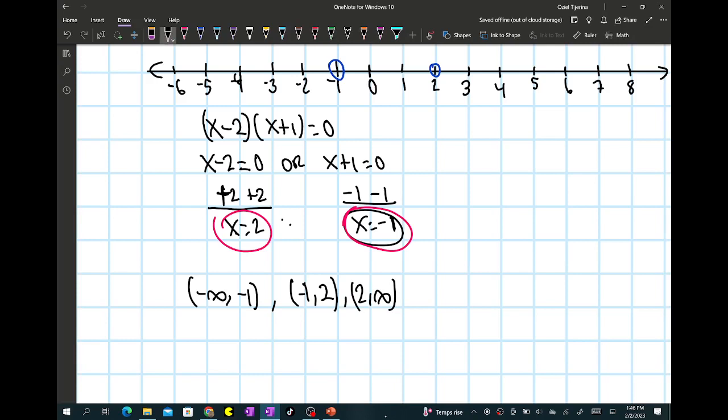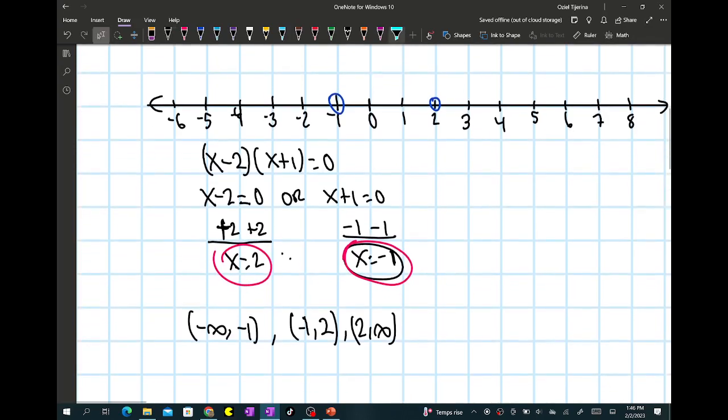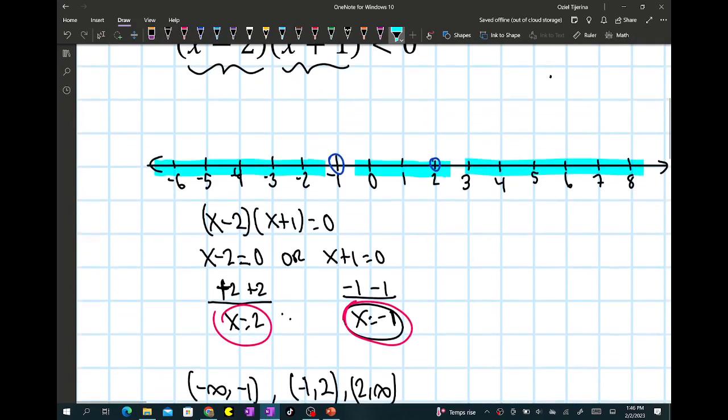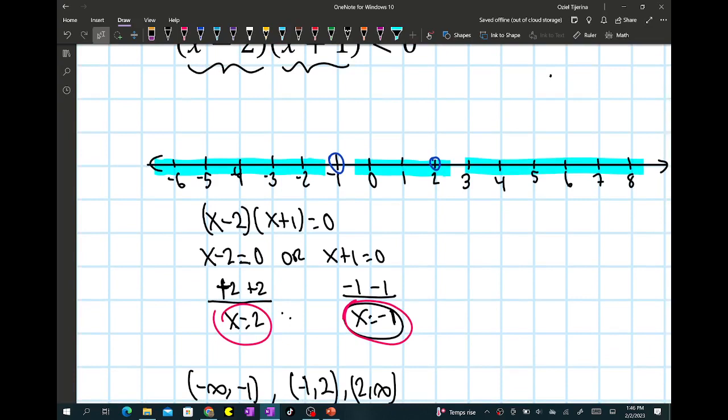The point is, I want to see if there are any parts here, here, or here where the inequality is satisfied. Those are the 3 intervals that I'm going to test, right?